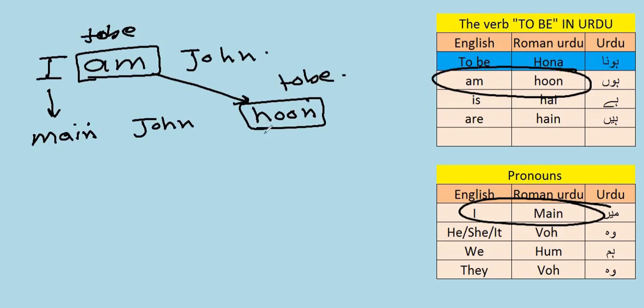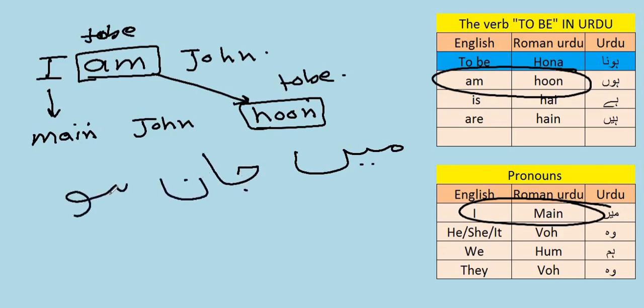Okay, so in Urdu script we can write this sentence मैं जान हूँ like this. मैं जान हूँ.